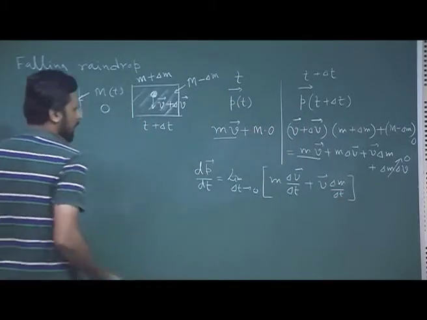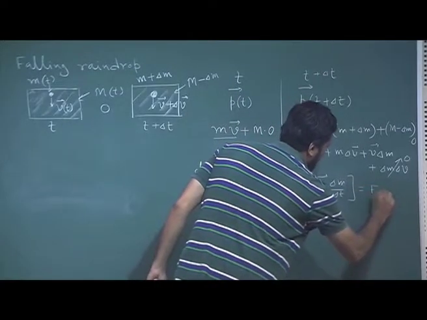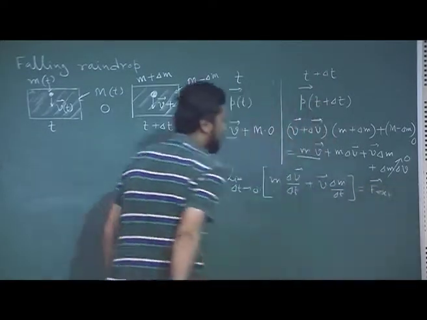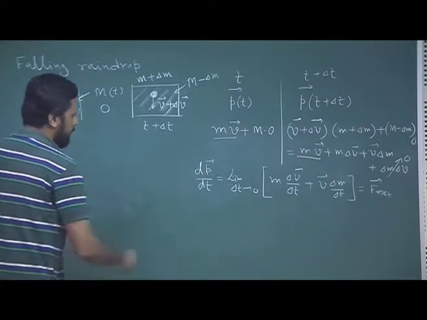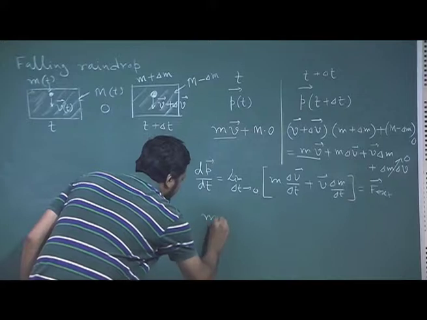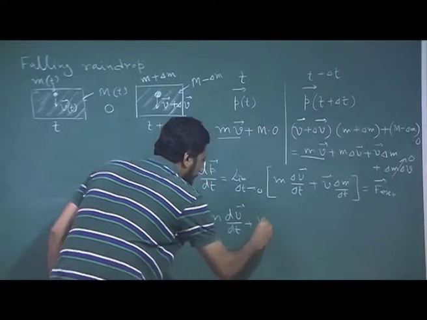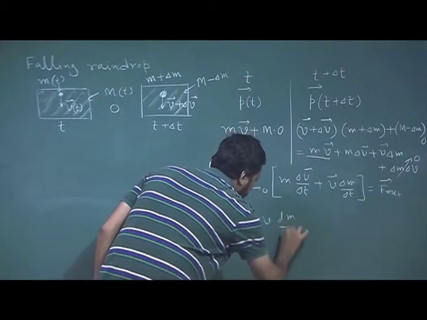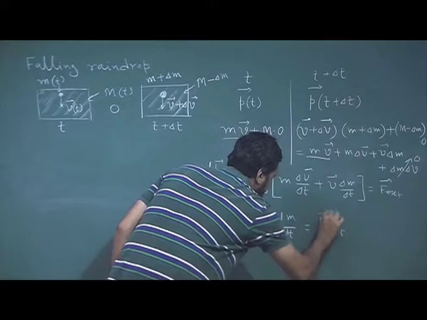Please remember this is equal to F external according to Newton's second law. So, the final equation we get is m dv dt plus v dm dt equal to F external.